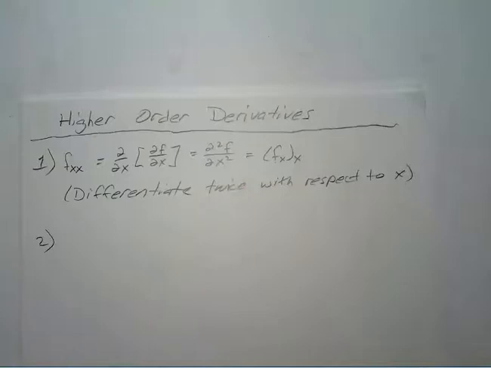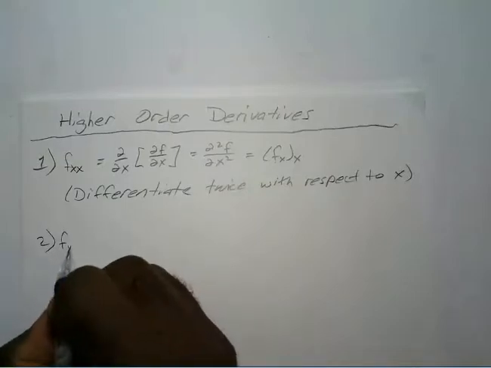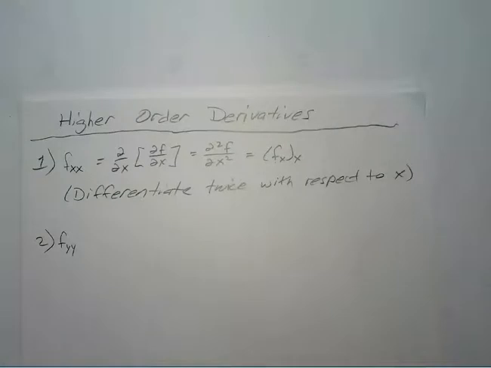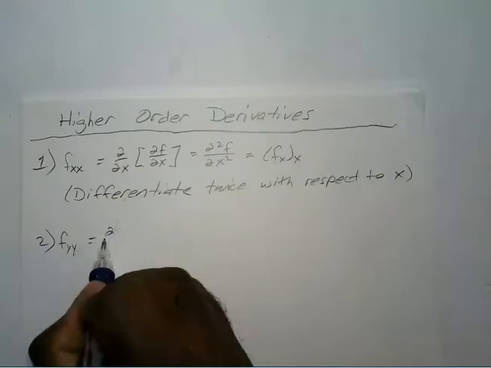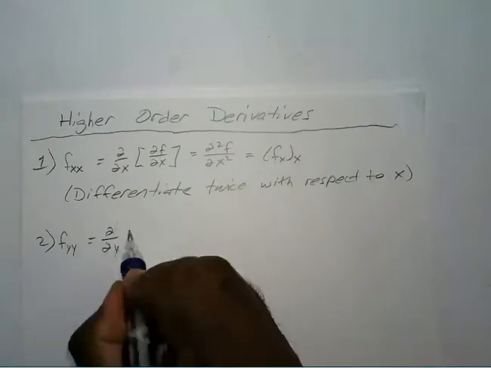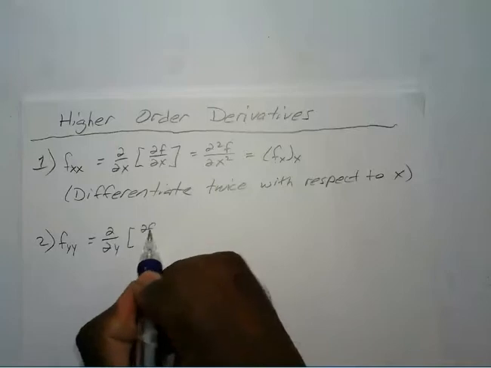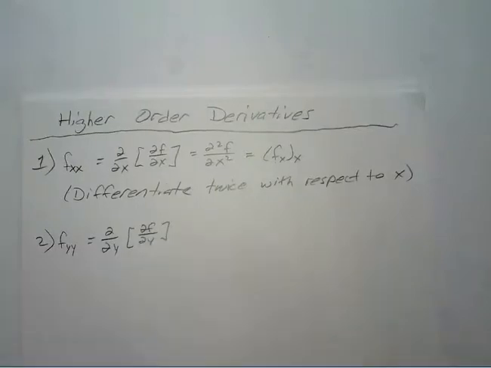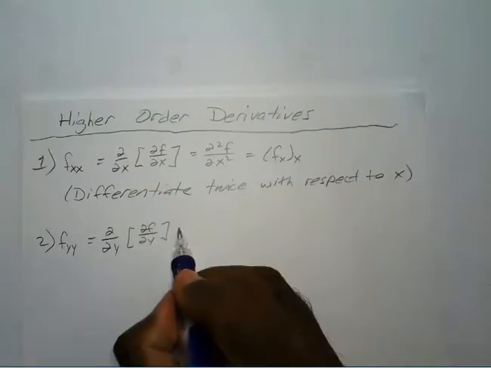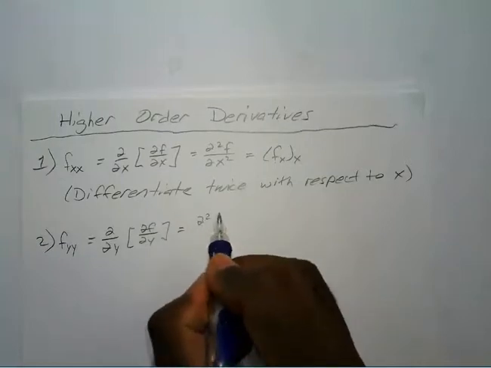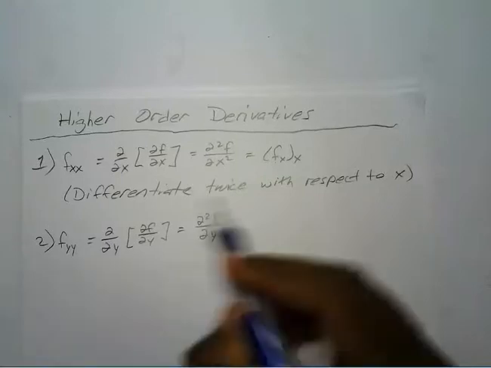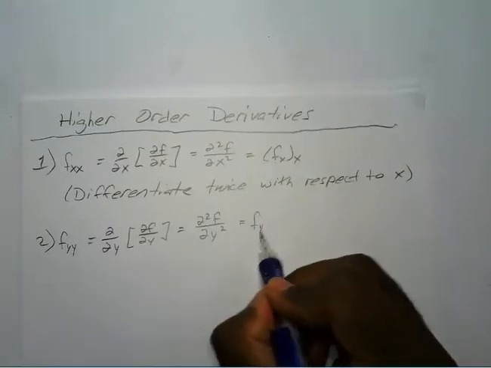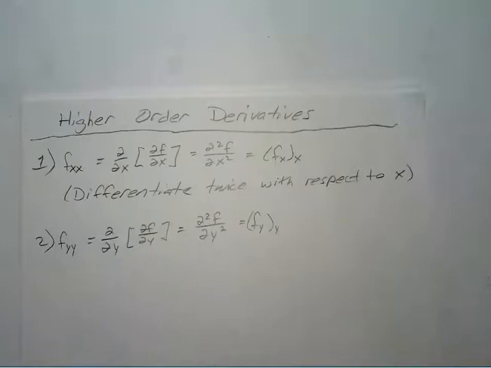Okay. Our second higher order derivative is the second partial derivative with respect to y. Okay, so really all that is the partial derivative with respect to y of your first partial derivative with respect to y, which is equal to the second derivative of f with respect to y squared, or the partial derivative with respect to y of that with respect to y.